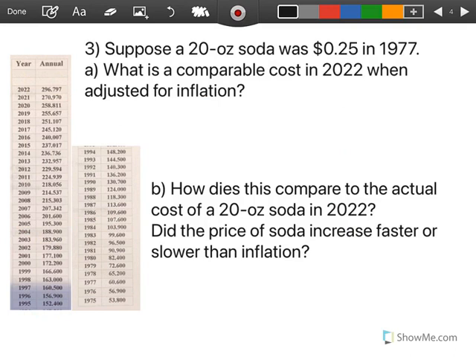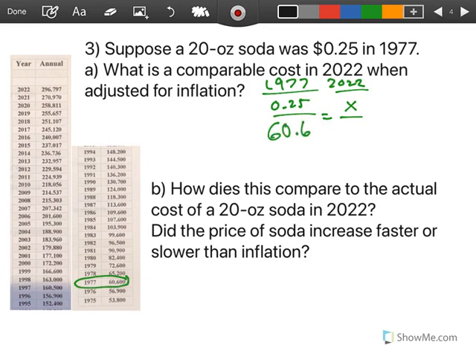Okay, I think this is the last one here. So suppose a 20-ounce soda costs $0.25 in 1977. What is a comparison cost in 2022 when adjusting for inflation? Okay, so we're talking 1977, 2022. So in 1977, it was 25 cents. In 2022, we don't know. Okay, CPI, right? Denominator CPI, 60.6 for 1977. 2022 is 296.797.